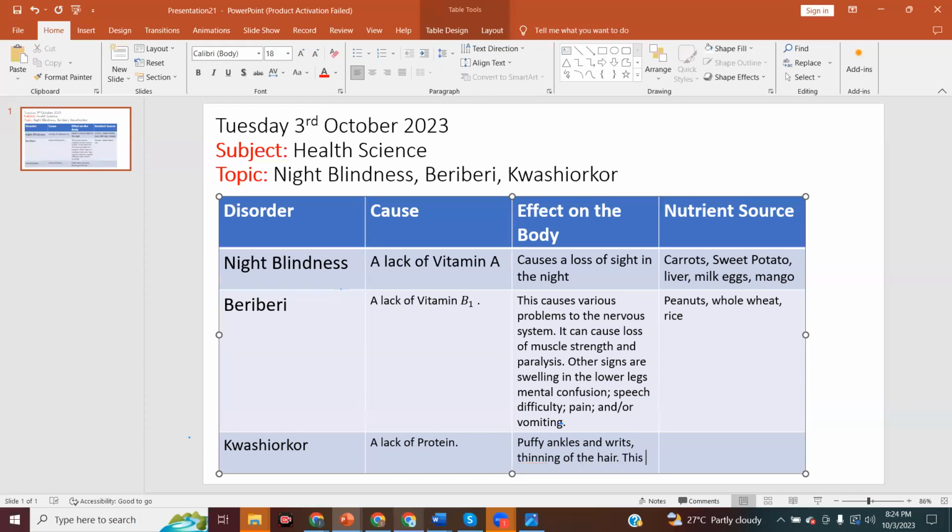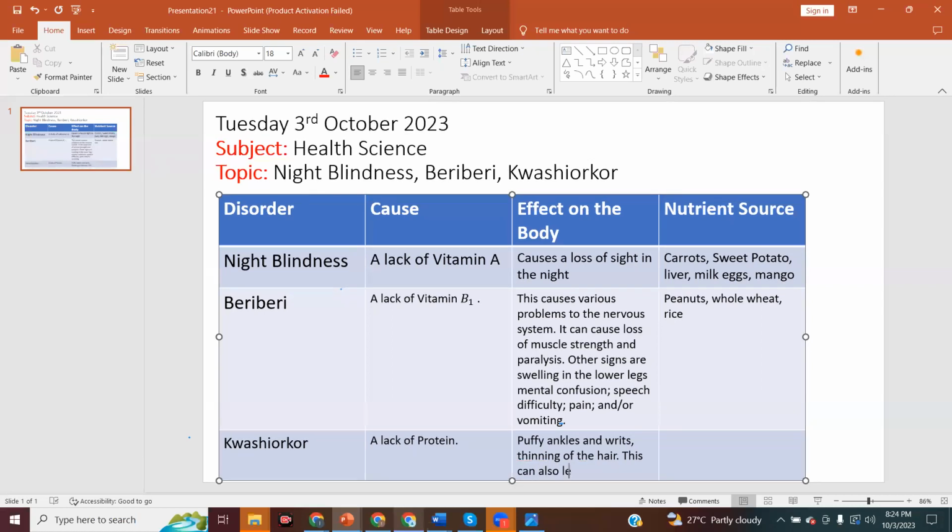This can also lead to, so you can end up having like a large stomach.